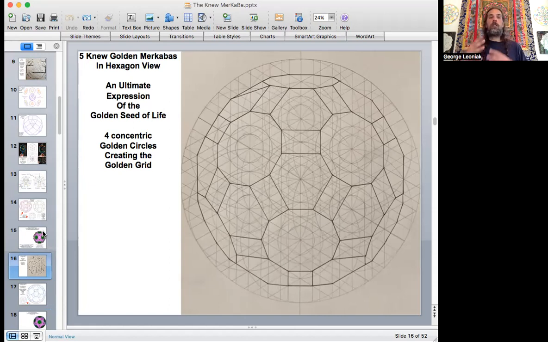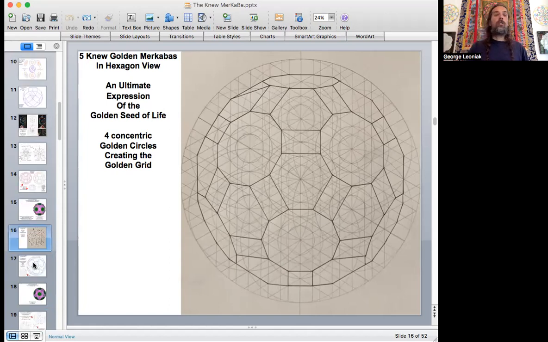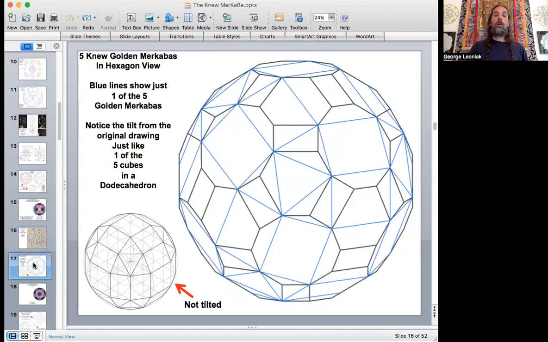This is why the golden circle geometry or golden seed of life, or just the golden circles in general, because pentagon view uses the golden ratio, square view will use the golden ratio, hexagon view too, should do that too. And this is what it looks like to break out of, I'd say, the Metatron's cube box, which doesn't do any of this. We'll never do this without the golden ratio.